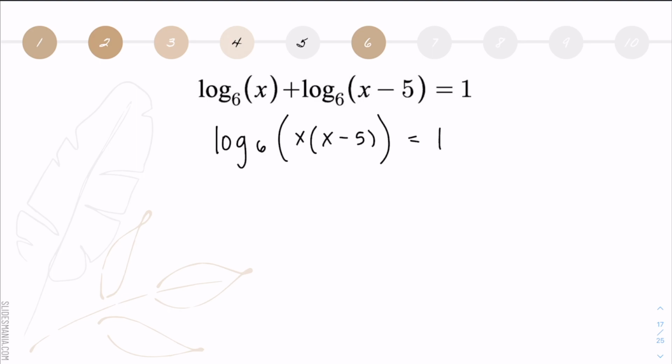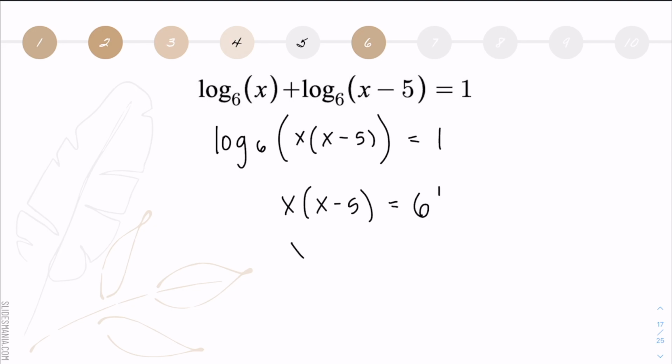So I've been writing out the step we do in our heads, but this time I'm not going to write it out. We're raising this side to be the exponent with base 6, meaning we're left with x times x minus 5. And then if we raise this side to be an exponent with base 6, we have to do that to this side. We have to focus on equivalence. So we get 6 raised to the power of 1. All right, now I'm going to distribute.